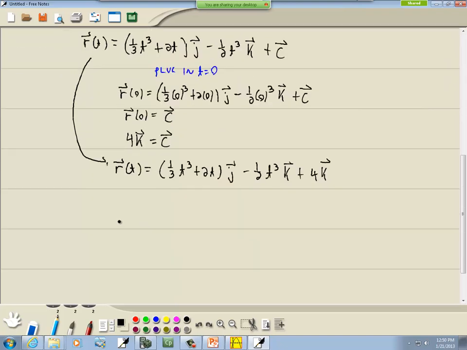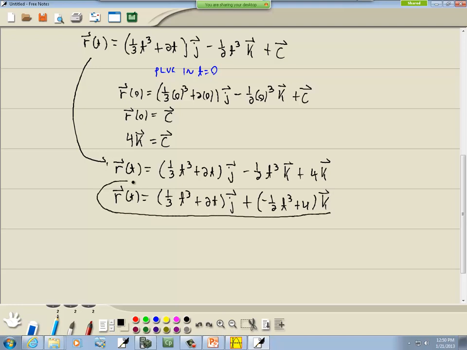Well, I want to merge together my k portions, so I'm going to have r is equal to 1/3 t to the third plus 2t j plus negative 1/2 t to the third plus 4k. And that's our position vector.